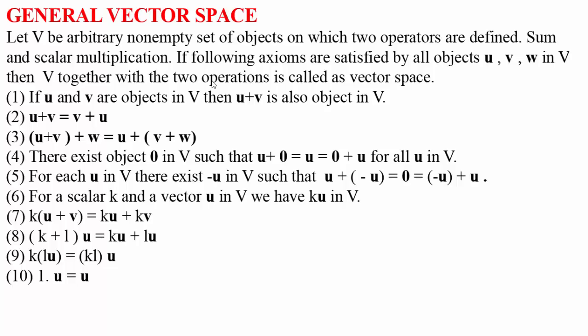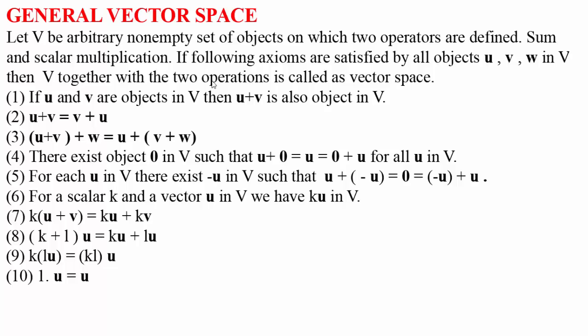For defining a vector space, we shall take a set V. Let V be a non-empty set of objects on which two operations are defined, namely sum and scalar multiple, and let u, v, w be objects in set V.